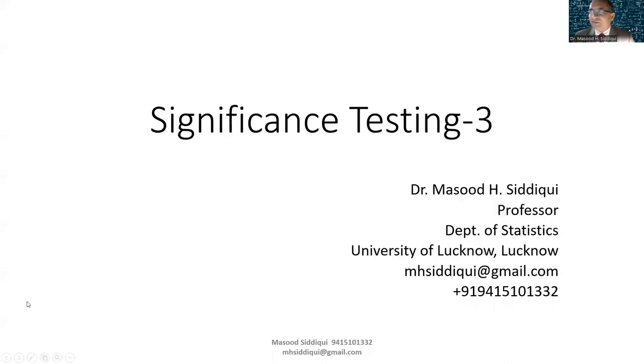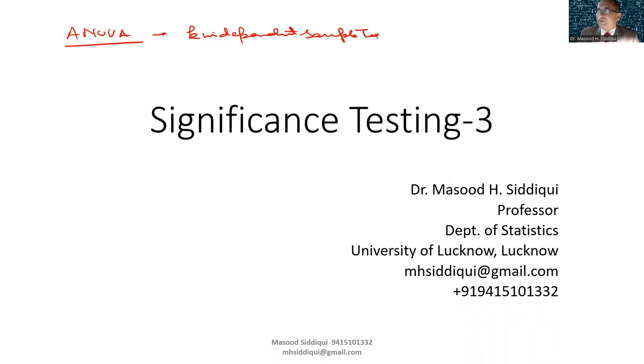So far in ANOVA, what do we examine? We examine the k independent sample test for means, right? Means with the hypothesis mu1 equals mu2 equals mu3 equals mu k, and k is greater than 2.